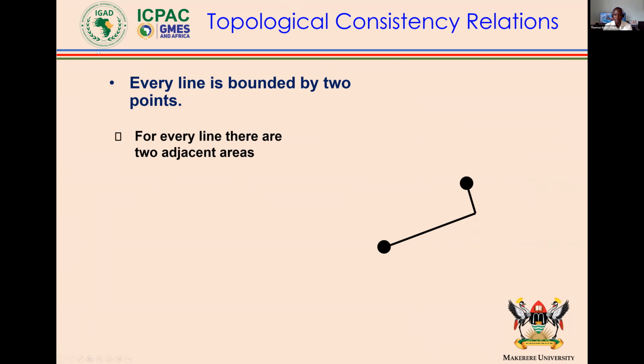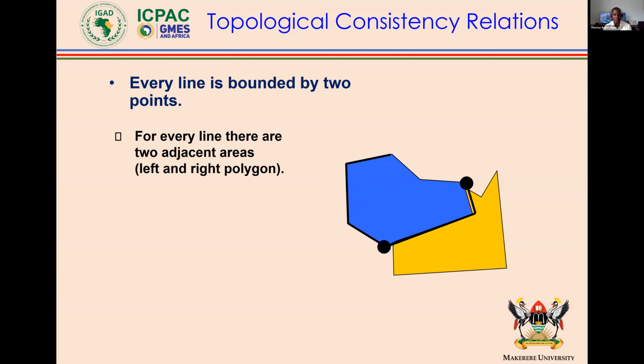What I mean here is that there's this area on the upper side and there's this area B. Next, I mentioned the area on the left and that on the right, and this would be more like a polygon in this case.